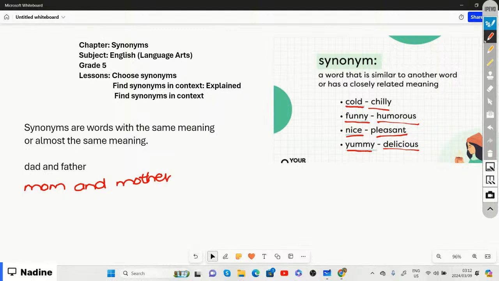Can you maybe think of more synonyms? Words with the same meaning or almost the same meaning, where it is different words but it means the same thing.